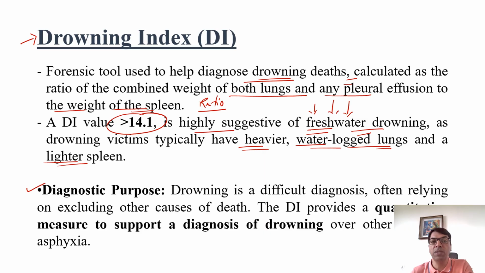What is the diagnostic purpose of drowning index? As you know, diagnosing the death of an individual by drowning is a difficult process and often relies on exclusion of other causes of death. This drowning index gives a qualitative measure to support diagnosis of antemortem drowning of the individual, hence the death of the individual because of asphyxia.